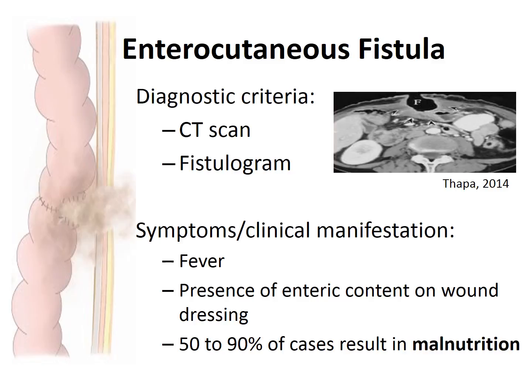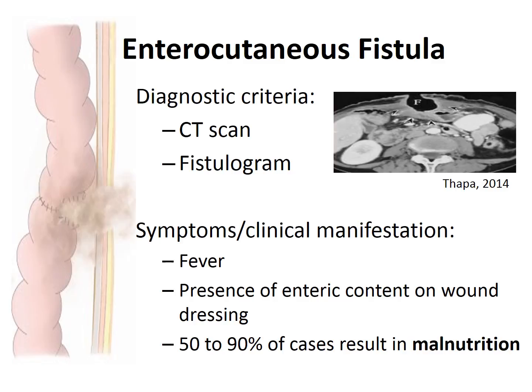So, how does a patient present? Often, the patient will present with a fever due to an infection. Furthermore, and used as a diagnostic tool, the patient may present with fecal matter on a wound dressing. As we would expect, this is abnormal.